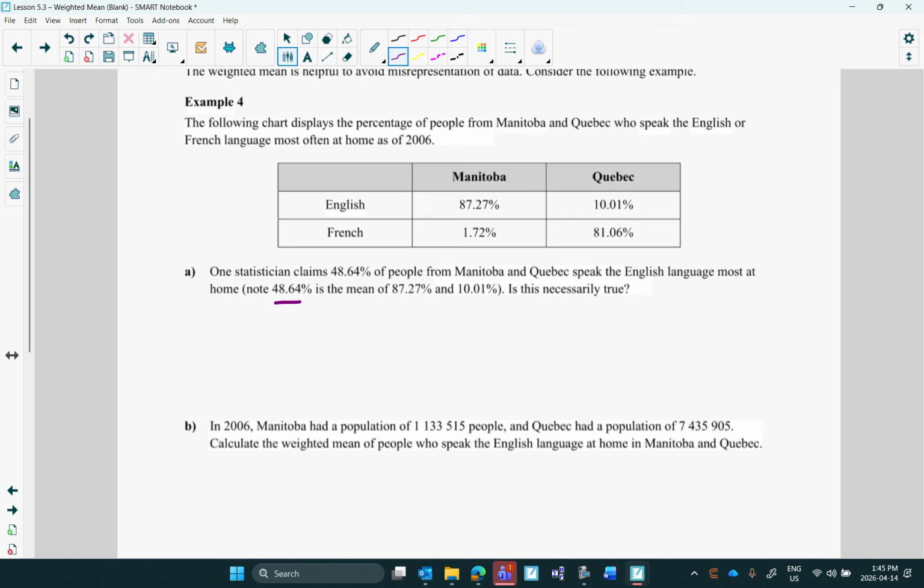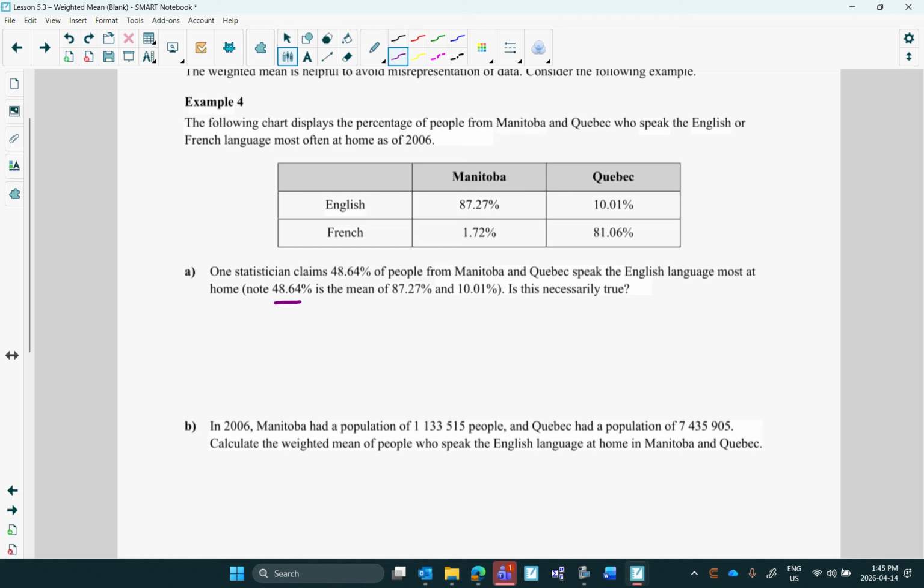And you can kind of look at B for a little bit of a hint. It would make sense if the number of people in each province was the same, right? But Quebec is a much bigger province population-wise than Manitoba. This goes back to that first example I did at the beginning. We can't just add the two and average them because the weights are different.